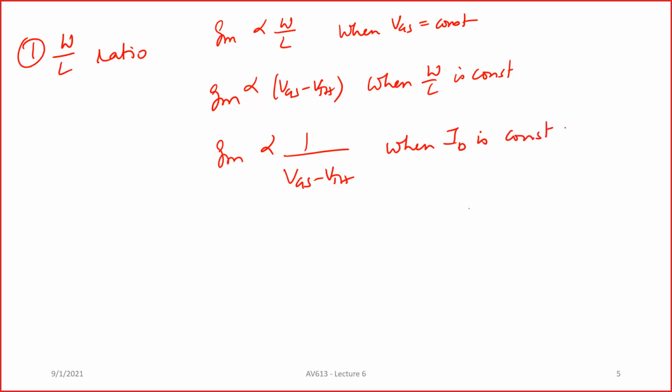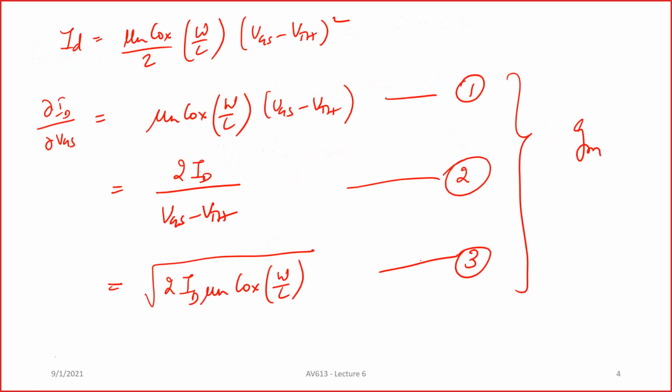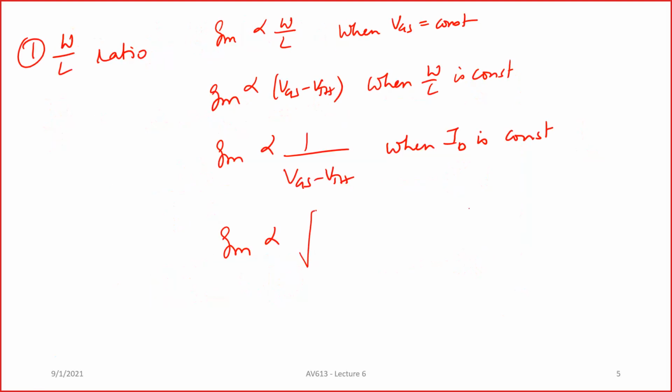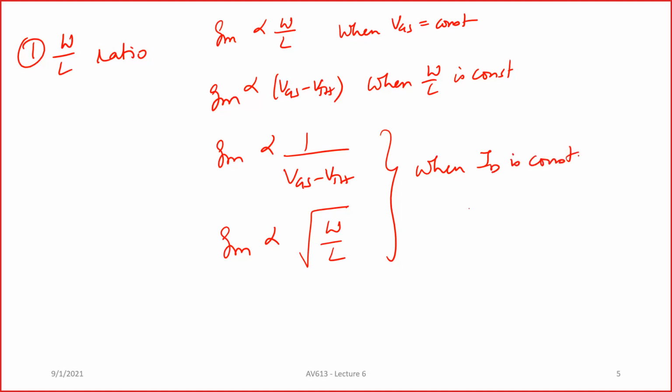All right. Same way, GM is proportional to root of W by L when ID is constant.